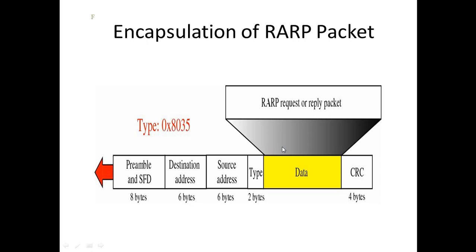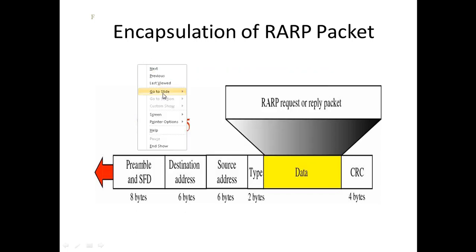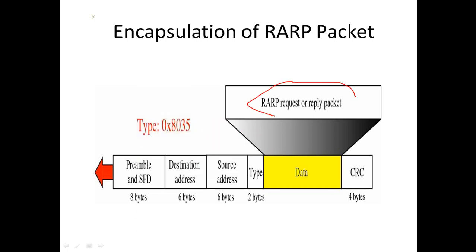Now how can you encapsulate this RARP packet? As with ARP, which was encapsulated in the data field, this RARP request or reply packet will also be encapsulated in the data field.